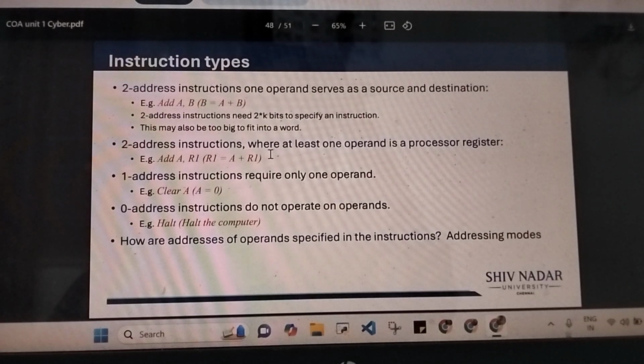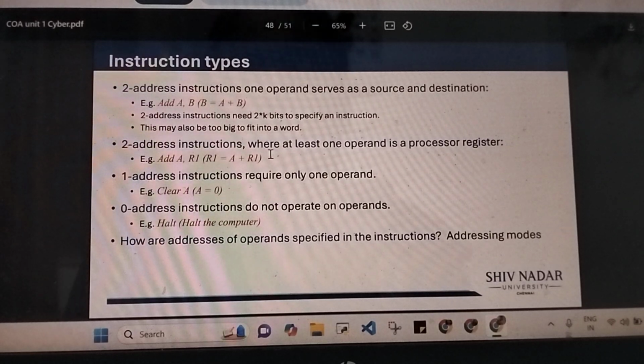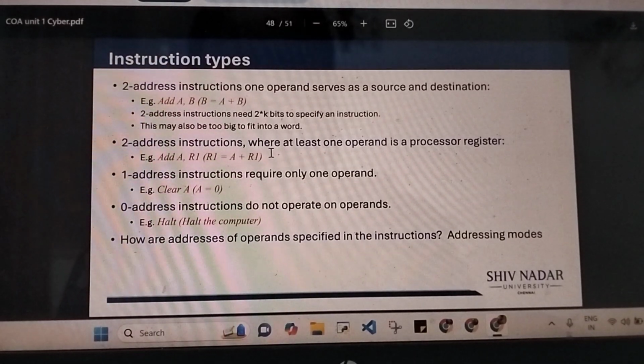We saw RTN, we saw assembly language, RISC and CISC. Then we looked at types of instructions based on the functions they perform: input, output, register transfer, program sequencing and so on. Now we look at types of instructions based on how many operands there are. So you have 0 address, 1 address, 2 address and 3 address instructions.